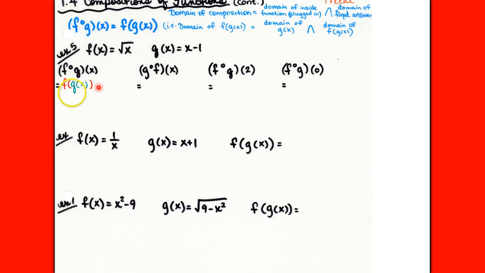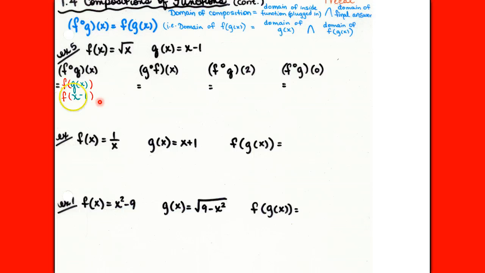So we'll start on the inside of that function with g of x, and we'll replace g of x with what it's equal to. G of x was x minus 1. So let's just put x minus 1 in the place of g of x, since that's what it's equal to. And then when we get there, we know what to do, because that's the same function notation we've been working on for a couple of months now.